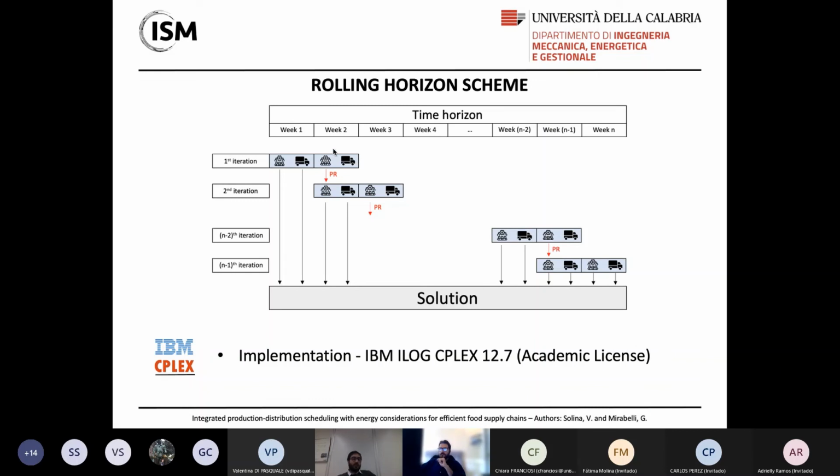While if we refer to a partial rescheduling approach, that is the approach used by the company, the decisions about the production plan taken on the first iteration are fixed in the second one, and so on until the last iteration, when we have decided all the plans from week 1 to the weekend.